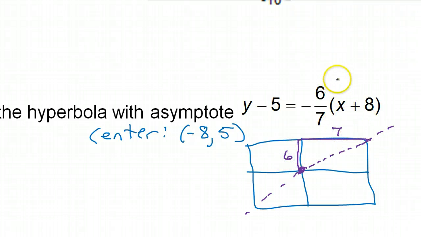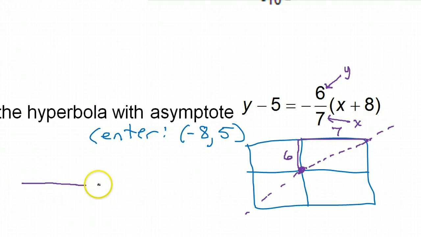The important part is the 6 is in the y direction, and the 7 is in the x direction. Why that's important is it's going to be like having your a and your b.